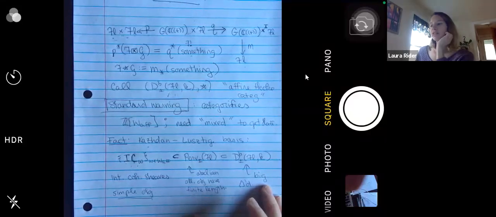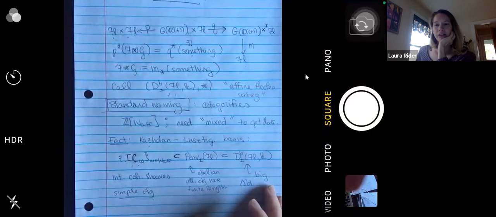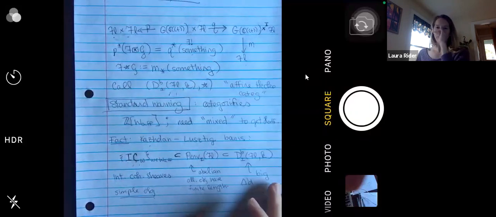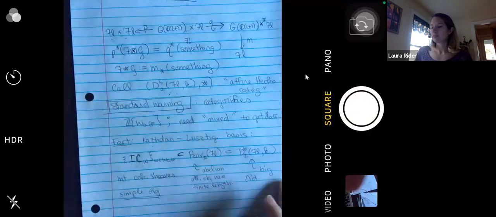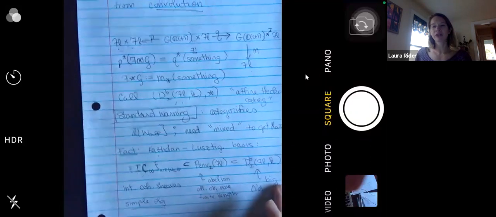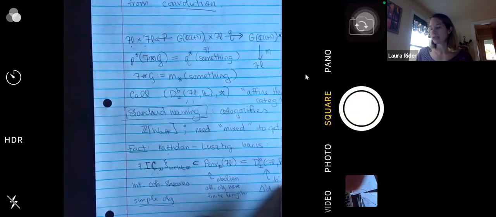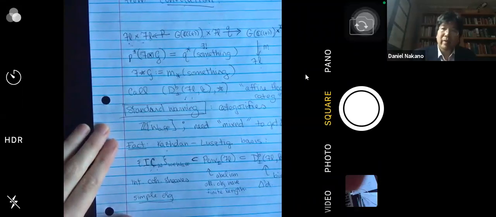Right. I know that people have definitely been studying the two-sided cells in this context, but I'm not sure if anybody's thought about trying to associate a variety with that using a max spec type construction or anything. So yeah, that would be super interesting. Thanks for that. Okay, thanks.